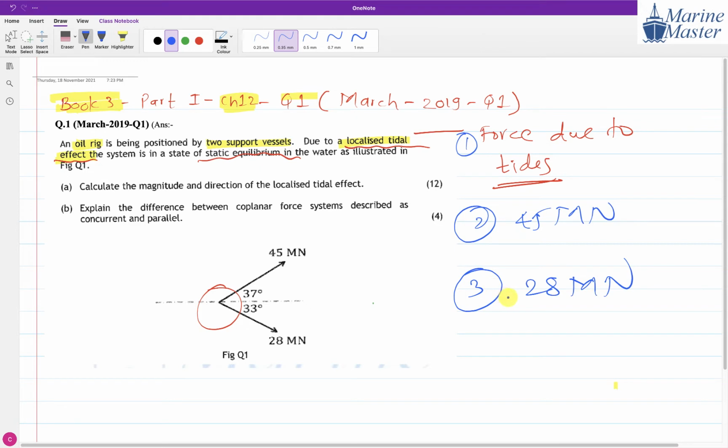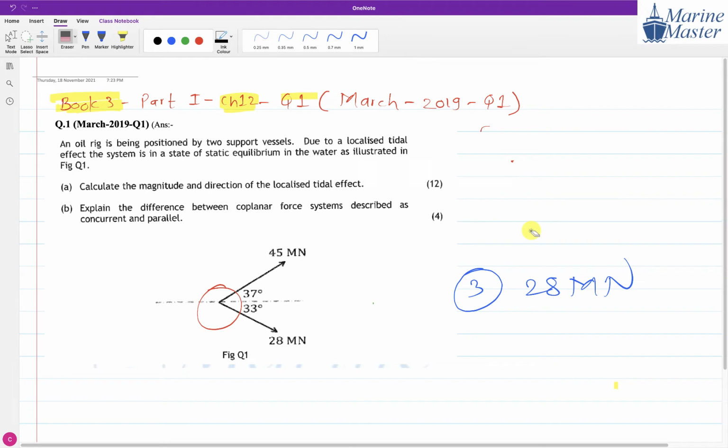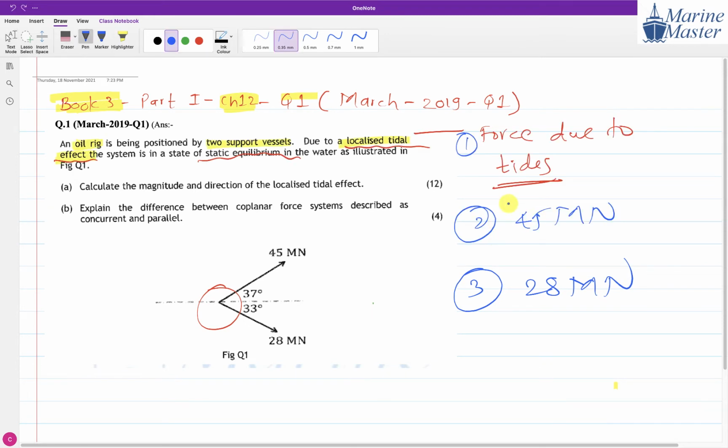So three forces are acting: the force due to tide, 45 meganewton due to one support vessel and 28 meganewton due to another support vessel. These three forces together form an equilibrium scenario.